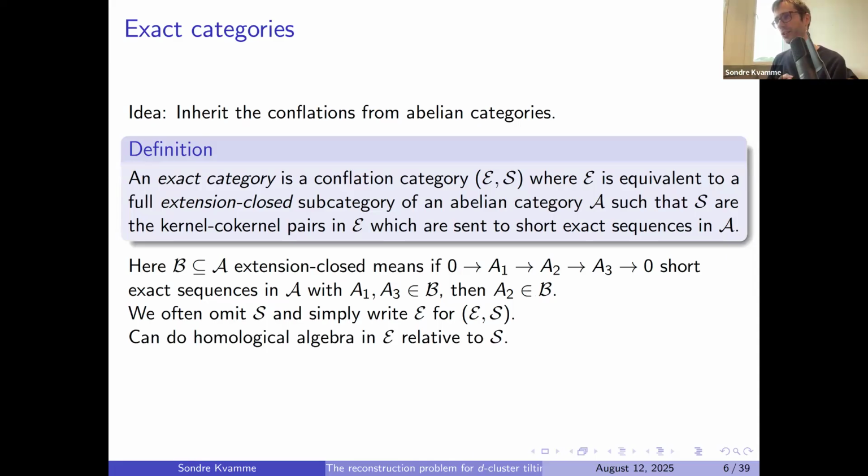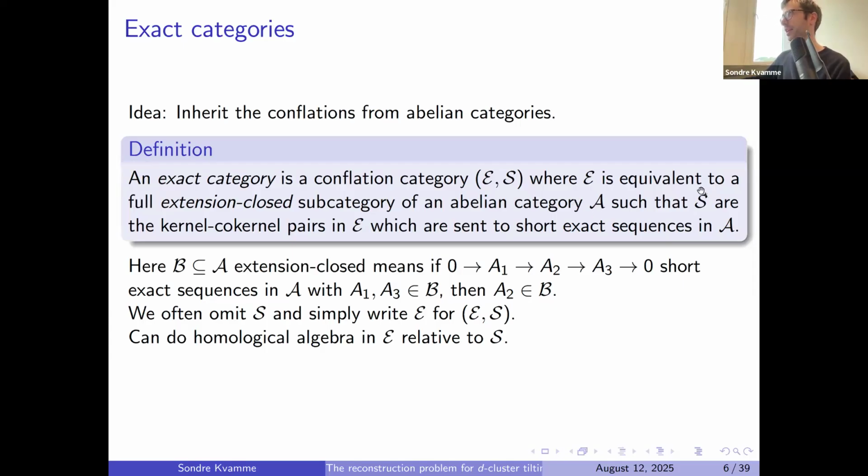So one advantage with exact categories is that you can do homological algebra there. As you probably know from some course in homological algebra, you can do homological algebra in an abelian category. You can talk about projective objects, injective objects, short exact sequences, long exact sequences, Ext groups, derived categories, and so on.